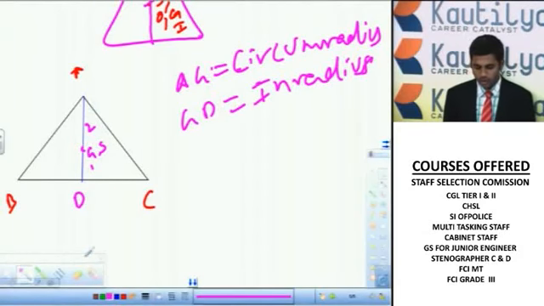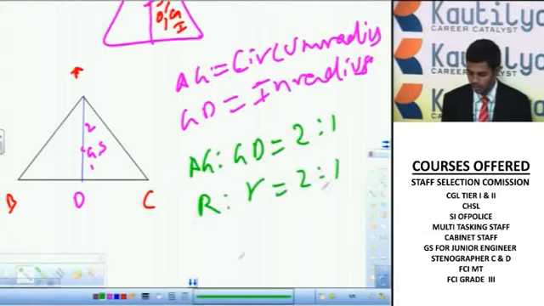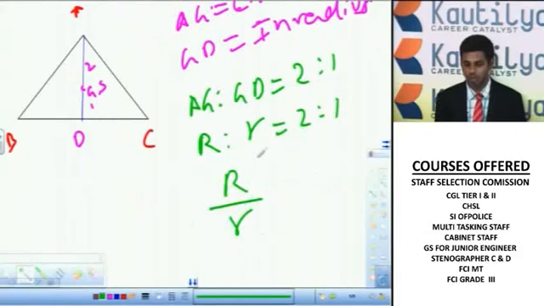Based upon the lengths AG and GD, we can draw two circles, one the circumcircle and one the incircle. So AG is to GD is nothing but 2:1, as the centroid divides in the ratio 2:1. We also know AG is the circumradius and GD is the inradius, so the ratio of circumradius to inradius in an equilateral triangle is 2:1.